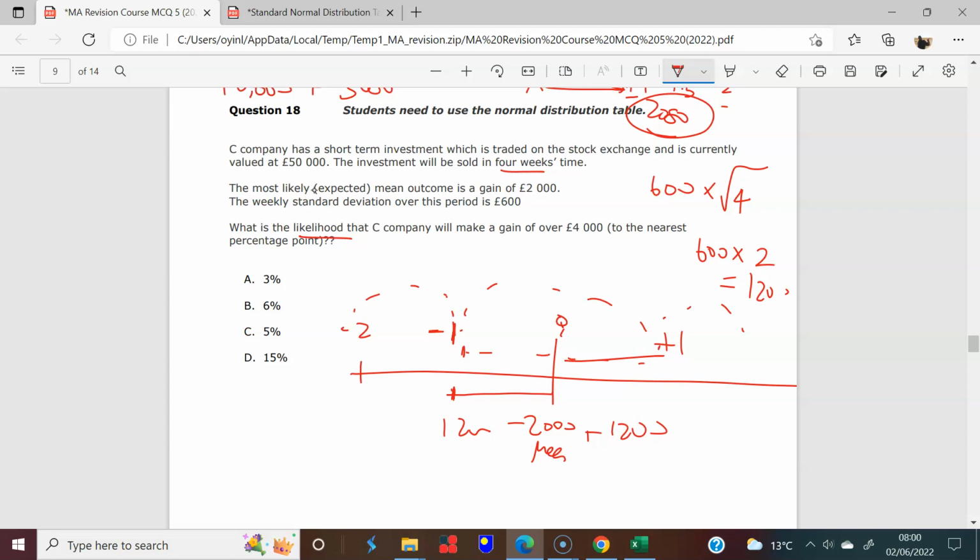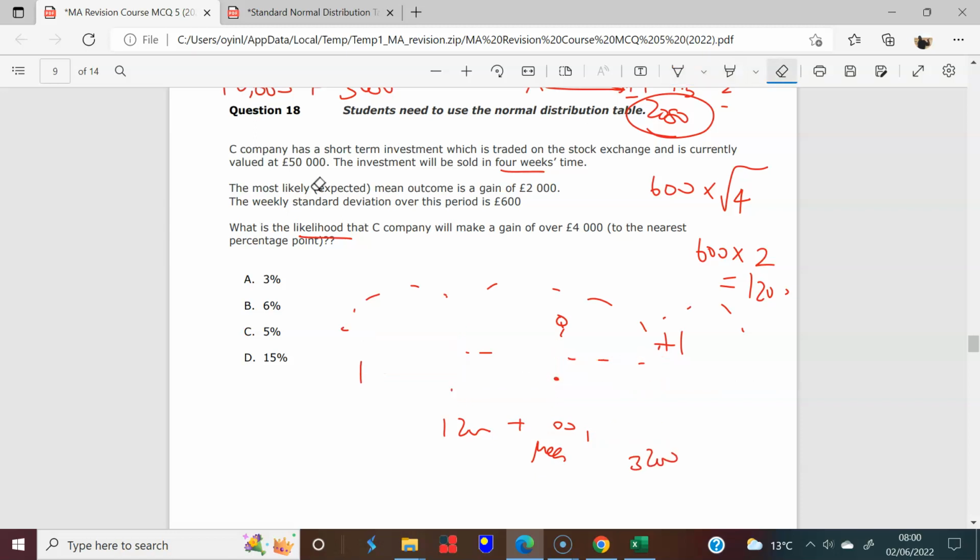This is really important. A gain of over 4,000. So the likelihood that it'll make a gain of over 4,000, well, let's look at this carefully. If you're here at 2,000, you have one standard deviation, 2,000 plus 1,200, that's 3,200. So let's draw this out neatly so you can really see what I'm doing.